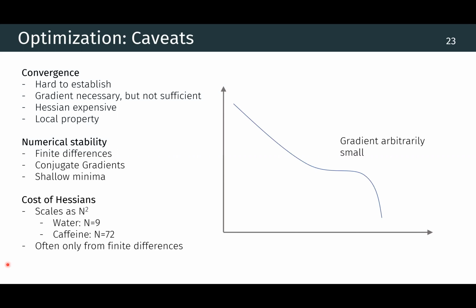And then the other problem, of course, as mentioned before, is the cost of Hessians. So Hessians just typically mean that you need to do more evaluations, be it in just the matrix operations or be it in the actual function evaluation. And to give you an idea, it's typically n squared. So for water, that would be 9 evaluations, and for caffeine, that's already 72.